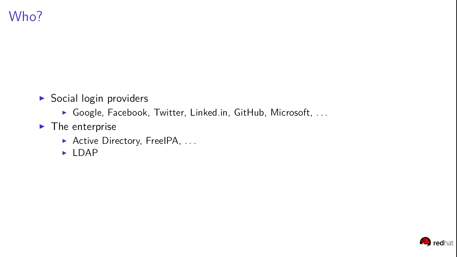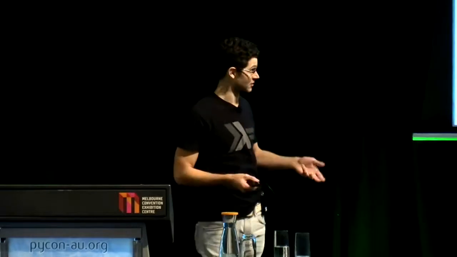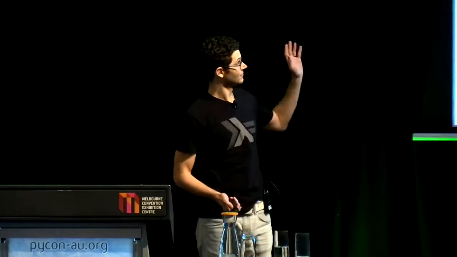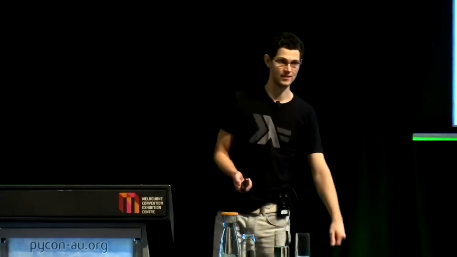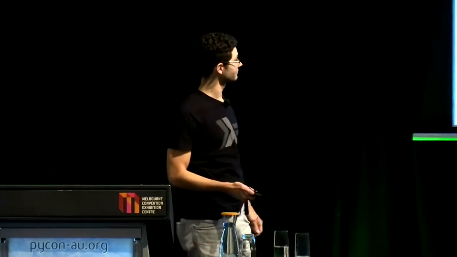The social login providers are organisations like Google, Facebook, Twitter, LinkedIn, GitHub, which is not as big as the others, but obviously relevant to what we do and the sort of services we as people in the tech community might be interested in using. There are probably hundreds of others, but chances are those will cover most cases that you'd be interested in.